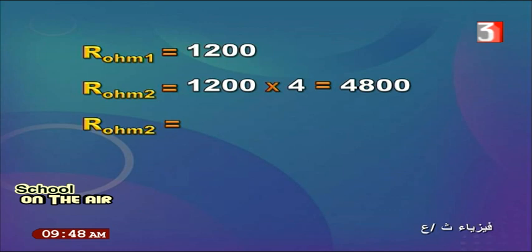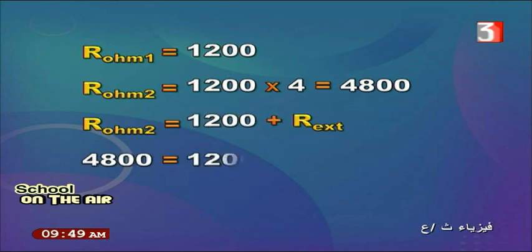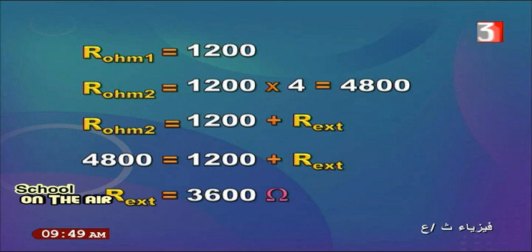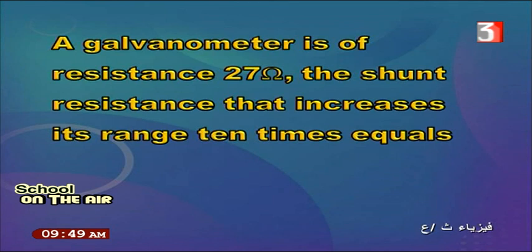So the new resistance of the ohm meter after adding an external resistance equals 4800, and it was 1200. So I must add 4800 minus 1200, which is 3600 ohm. So important, this choice.